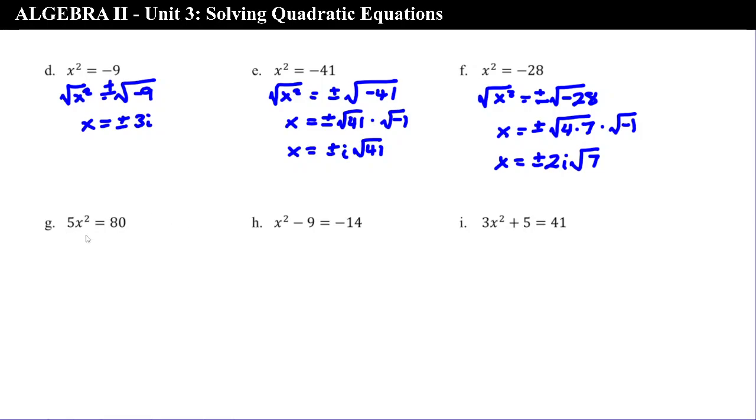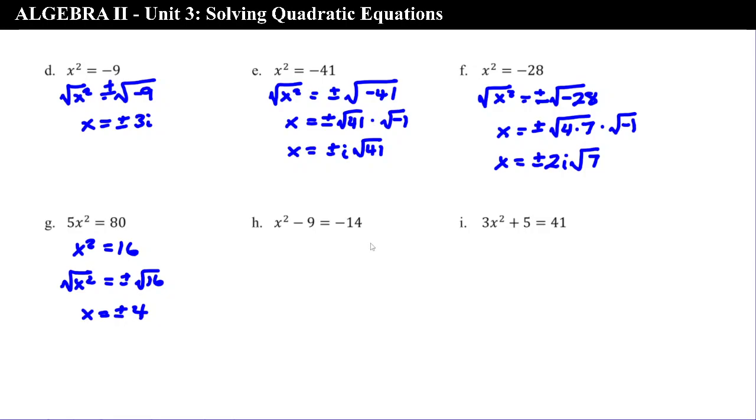So we divide by 5 first, and when we do, we get x squared equals 16. Now we can take the square root of each side. You've got the square root of x squared equals plus or minus the square root of 16. So x equals plus or minus 4.